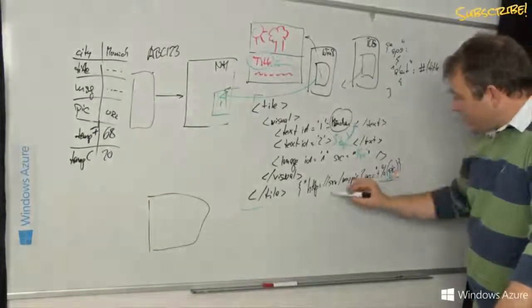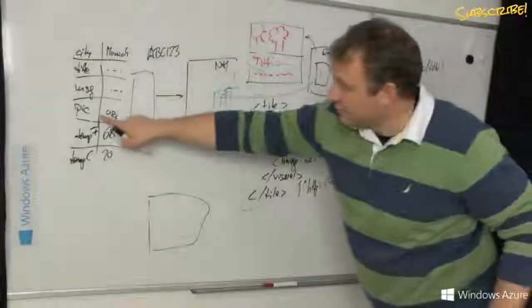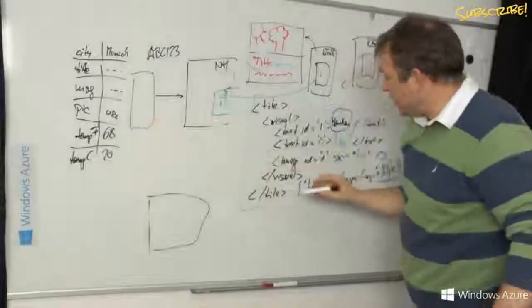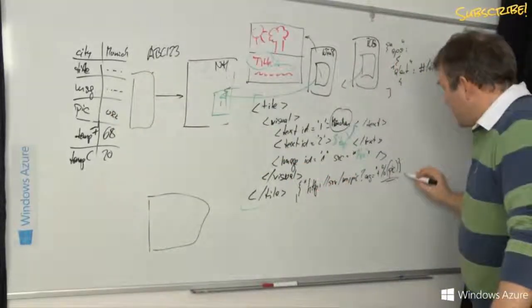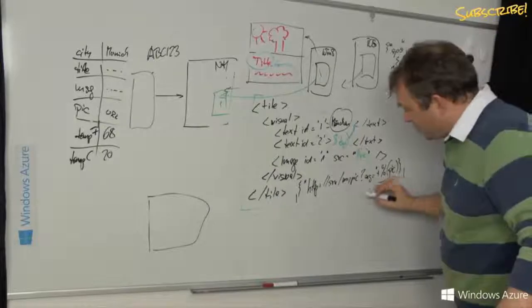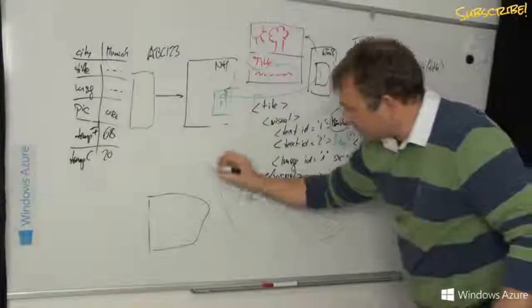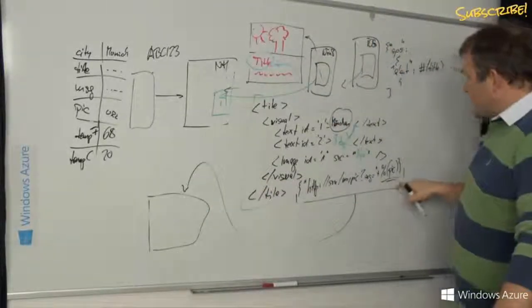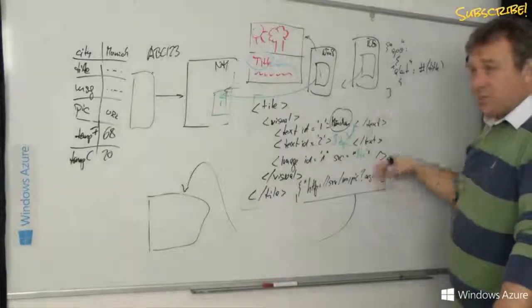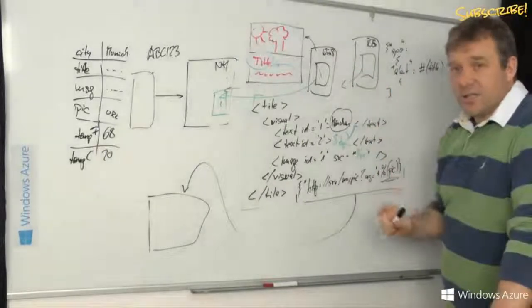Which means that as this gets filled in with some additional data, you actually have a URL that you can use to go to a scaled out service, which can now, based on that argument, render you a tile picture exactly as you need it.